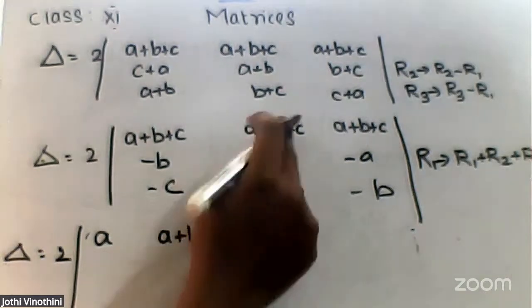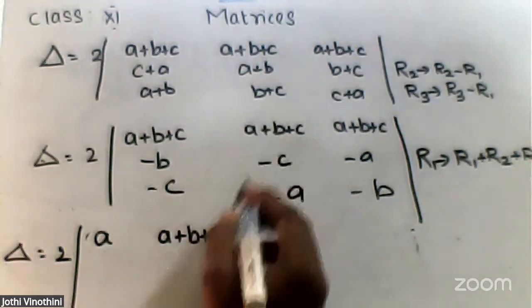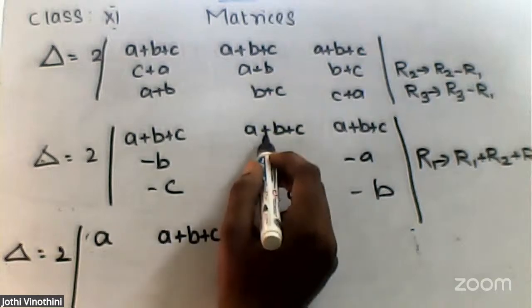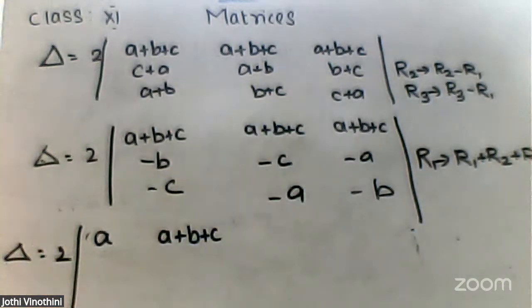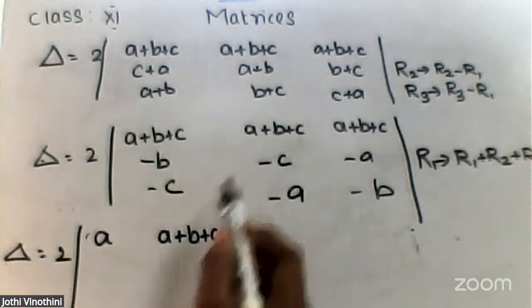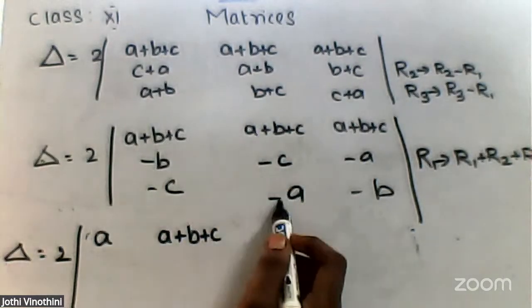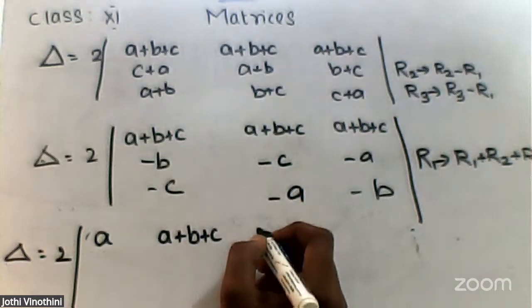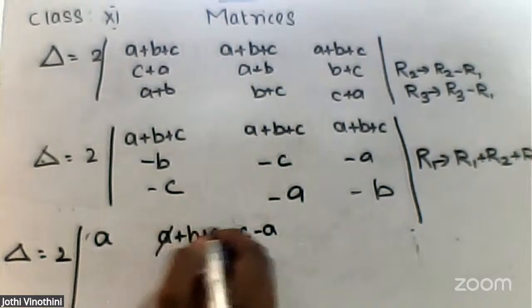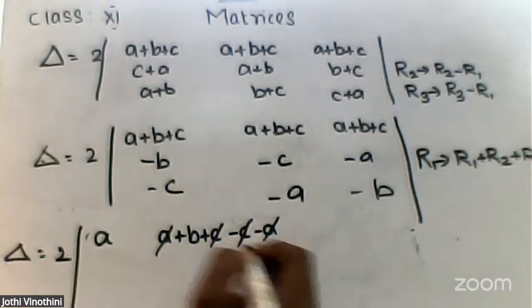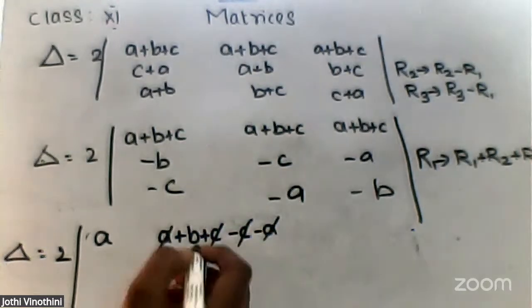In the second column in first row, R1 will be R1 plus R2 plus R3. So the second element will be A plus B plus C. What are the second row and third row elements? They are minus C and minus A. So minus C plus C gets cancelled, plus A minus A gets cancelled. What we will have?